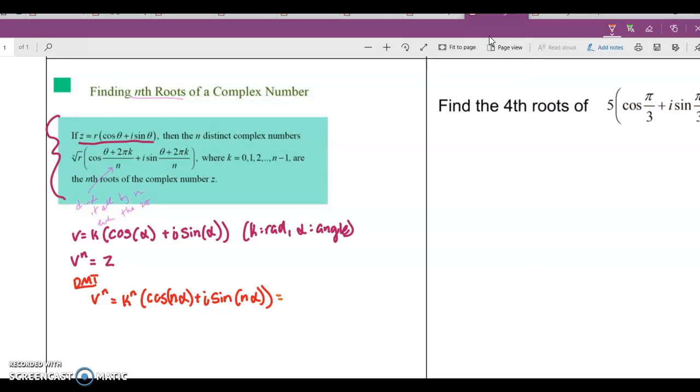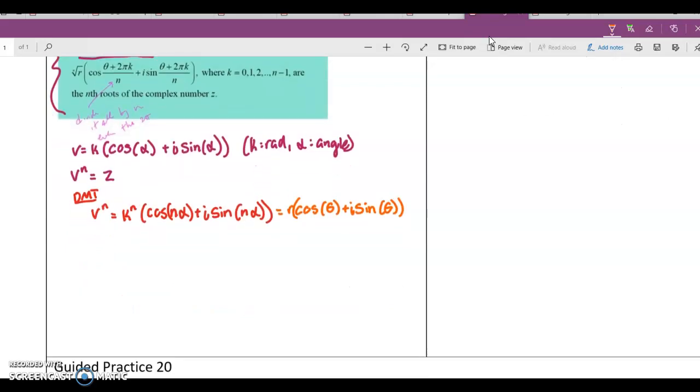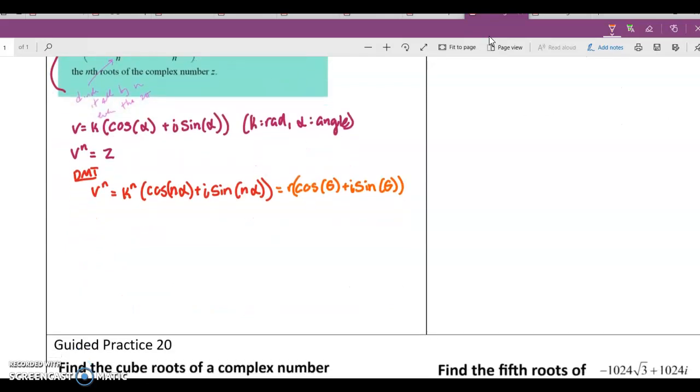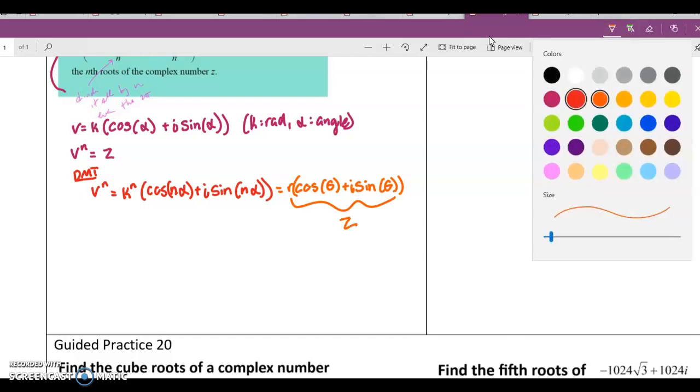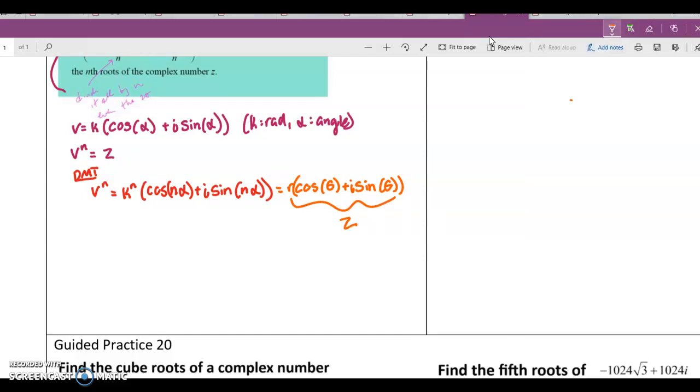So since v to the n is equal to z, and z is equal to r times cosine theta plus i sine of theta, take a minute and make sure that you're there. This is z, and this is v to the n.